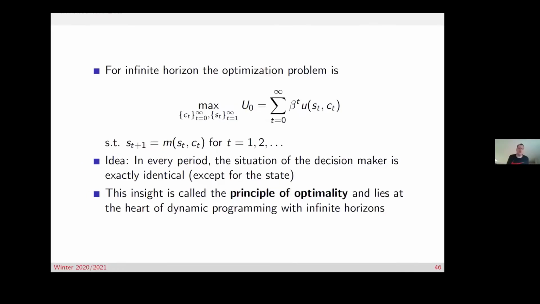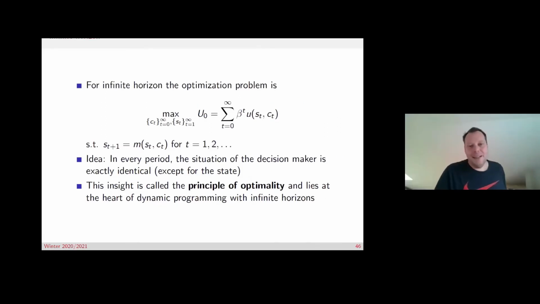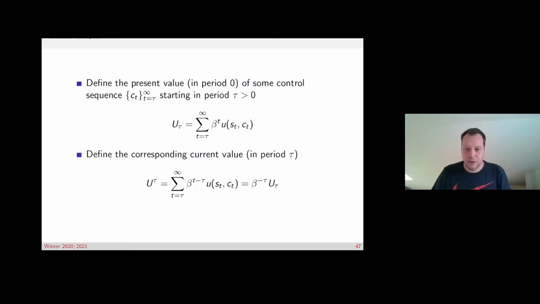Will the value that I attach to this situation at the new planning horizon be different than the value that I attach to it today, except for a change in the state variable? This was super complicated, but you will see in a minute what I mean.